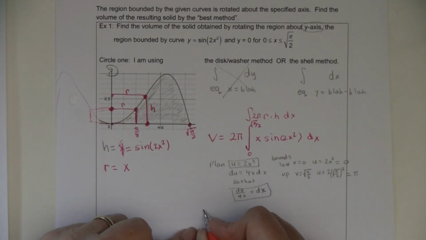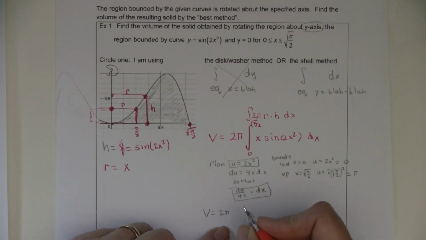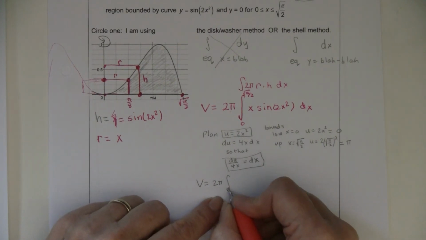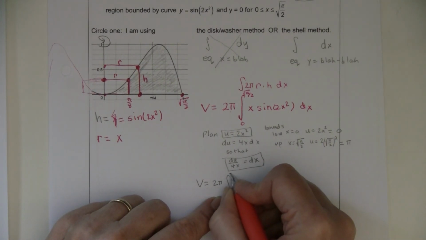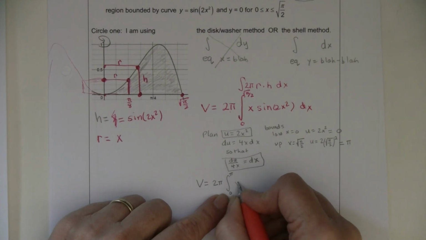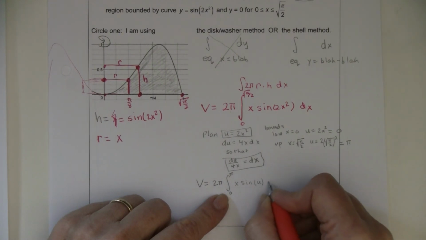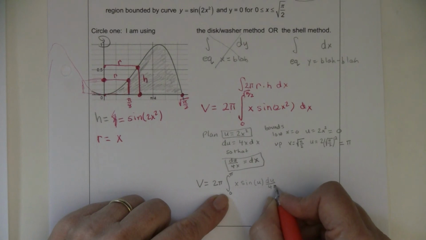Okay, so my volume then will be 2 pi. And my integral will be from 0 to pi, we said. And x sine of u, and then dx is du over 4x. And see what's going to happen with the x.